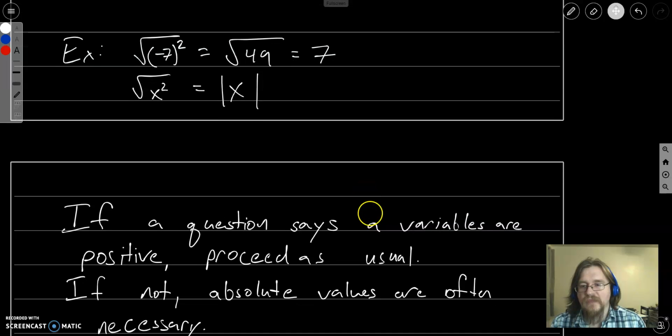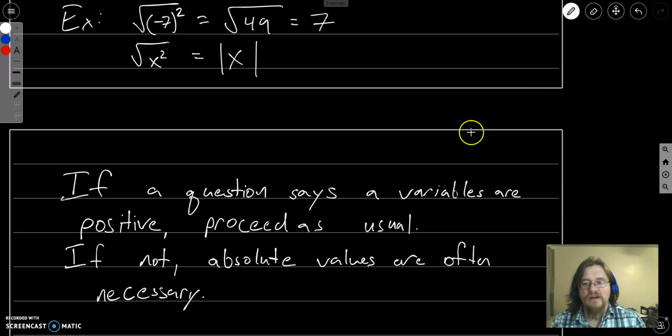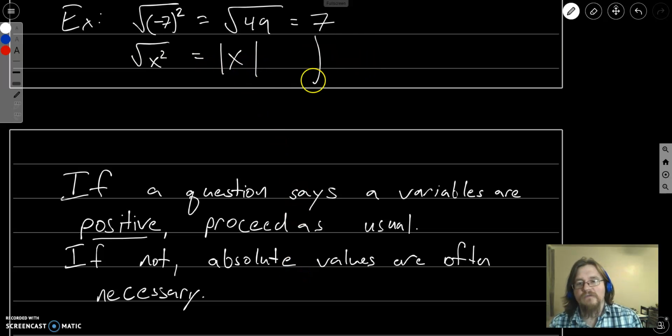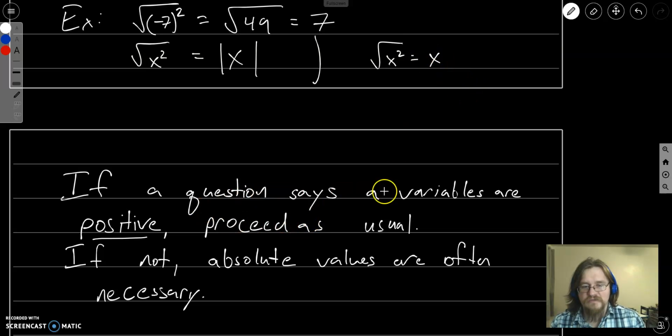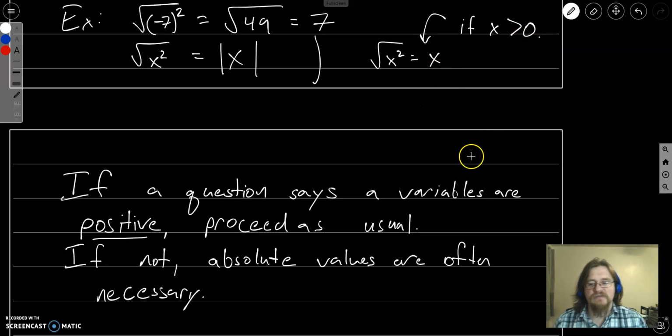Now, if a question says that all variables are already positive, then for instance, I can just write the square root of x squared as x, because if I know that x is positive, the absolute value of x is just equal to x, and I don't have to do anything. So if x is positive, then I don't have to write the absolute value signs.